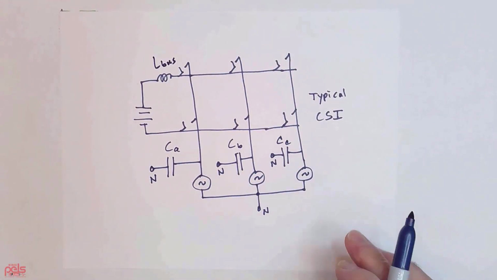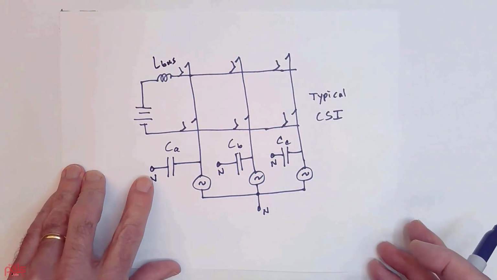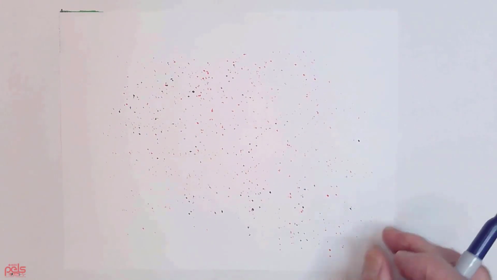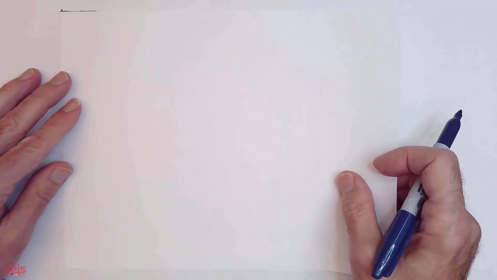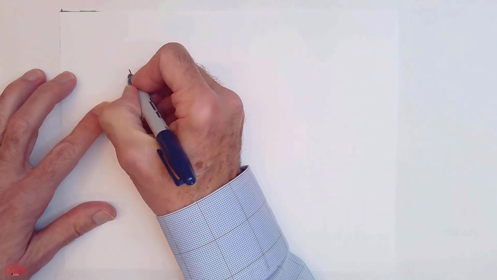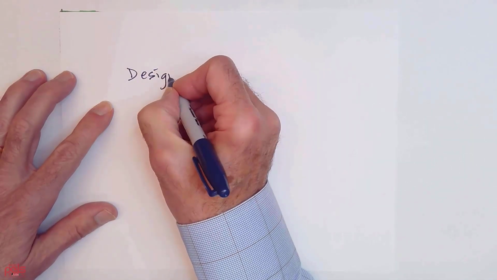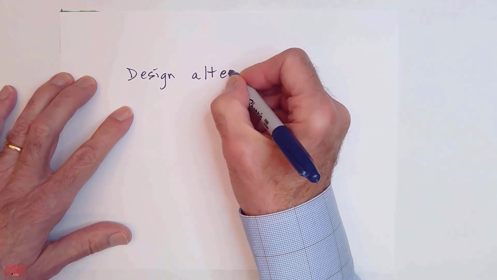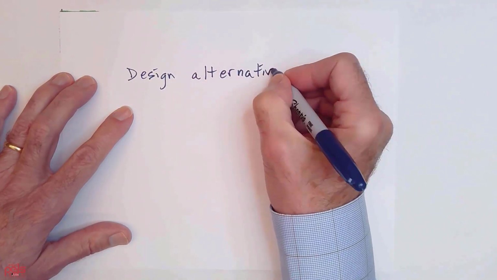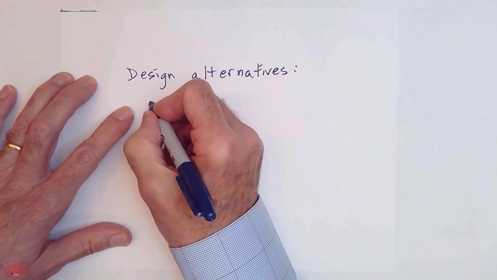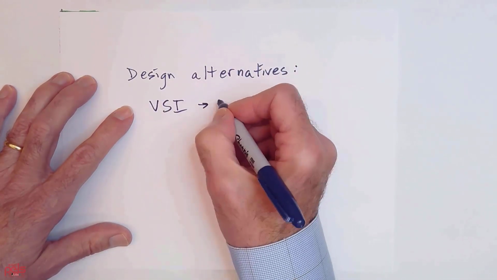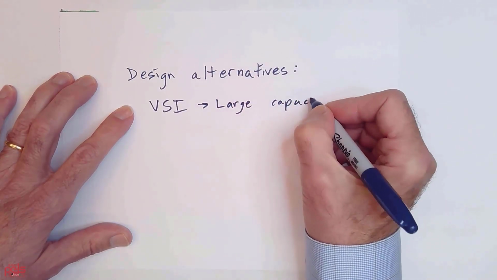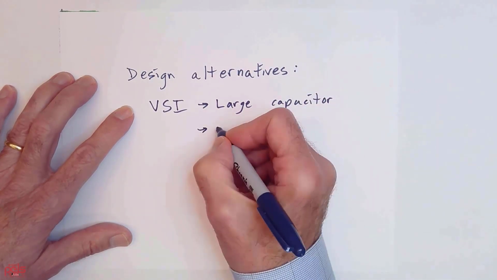Now, you might guess, and it turns out to be true, that the design trade-offs are somewhat different, even though duality kicks in. What should I call it? Alternatives or differences or whatever, right? So with the voltage source inverter, I have a large cap. I have series filter inductors.